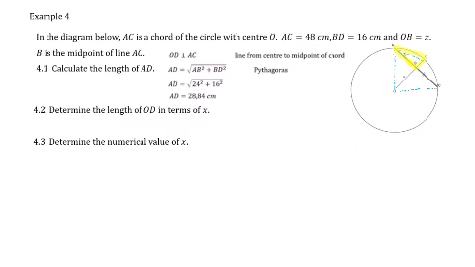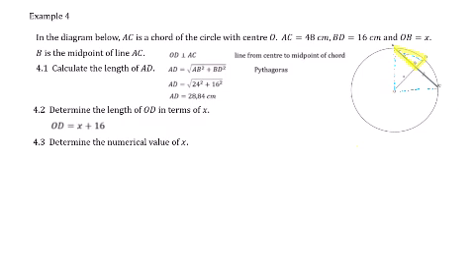So we use the Pythagoras theorem, and AB was given in the question and BD was also given in the question. So 24 squared plus 16 squared will give you the final answer of 28.84 centimeters. Now determine the length of OD in terms of x. So OD will be x plus 16. Why? Because OD is equal to OB plus BD.